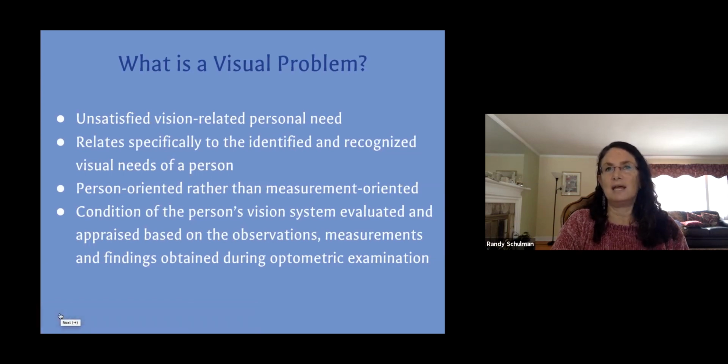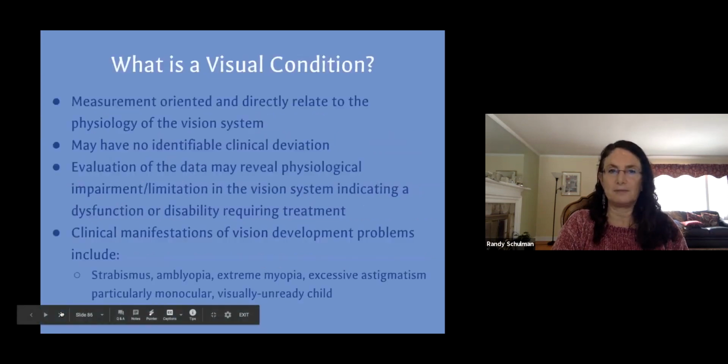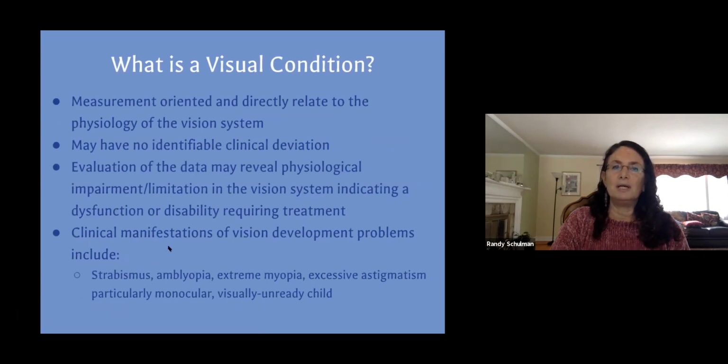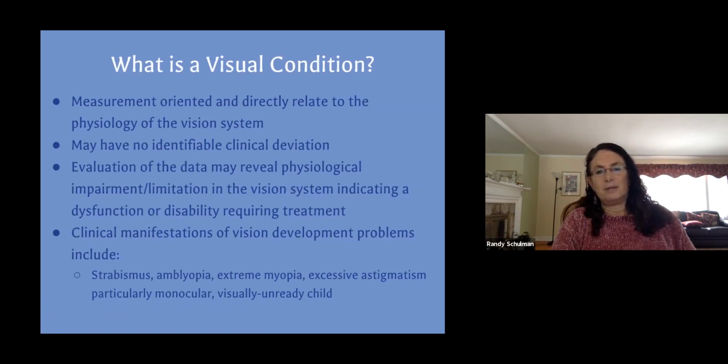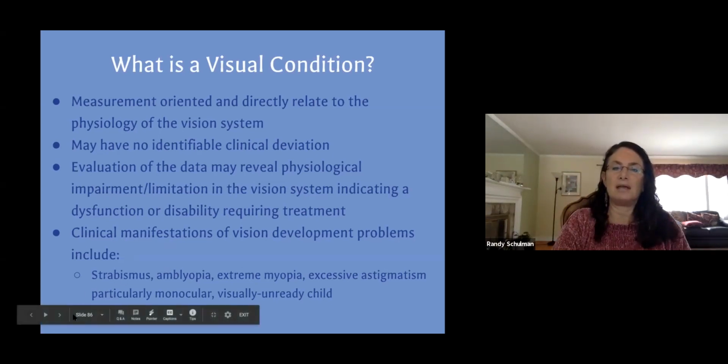We have to ask and anticipate what some of those symptoms might be that they might not even be reporting, based on what we're measuring, if that makes sense. There are so many things that we can find, and we have to relate what we're finding to what the deviation is and how it's impacting and creating a dysfunction or disability in that individual.